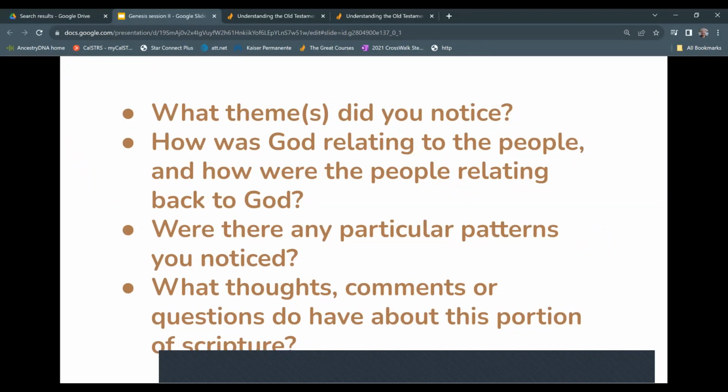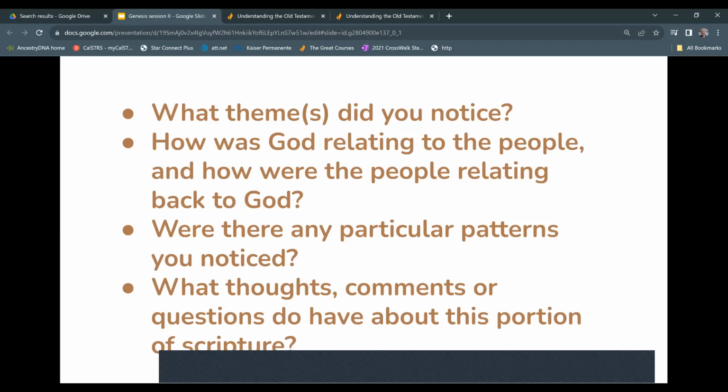So as we went through this section of chapters 3 and 4 of Genesis, what things were brought to mind for you? Did you notice any themes? How was God relating to the people, and how were the people relating back to God? I think we saw a good portion of that with the laws in Leviticus.